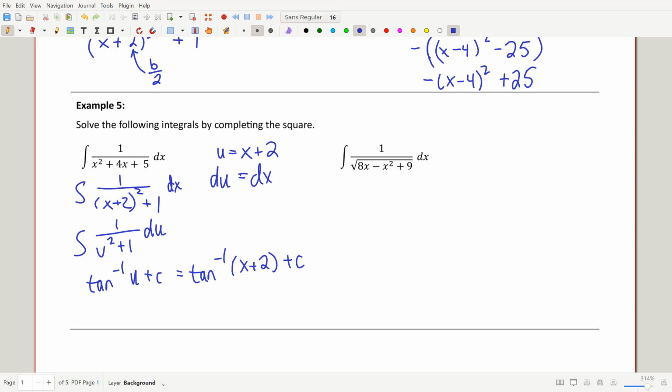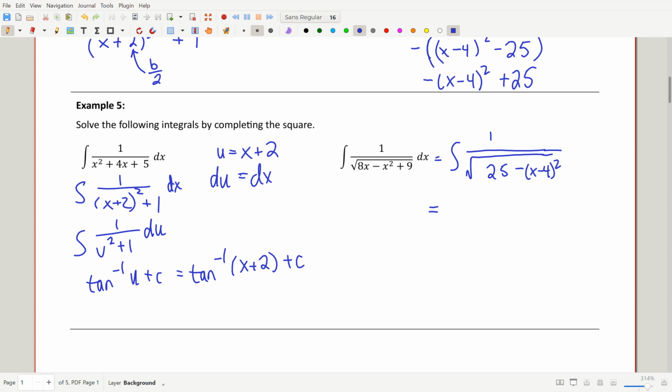Alrighty. Likewise, in the second example, we know that this is the integral of 1 over the square root of negative x minus 4 squared. So let's bring that to the end so that it matches our arcsine a little bit better. And then a positive 25, so 25 minus... Now that's a problem. I can't go right to u sub with this one because in order to work with the arcsine, I need to have this be a 1.